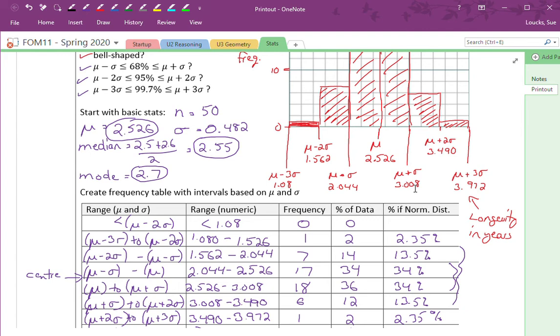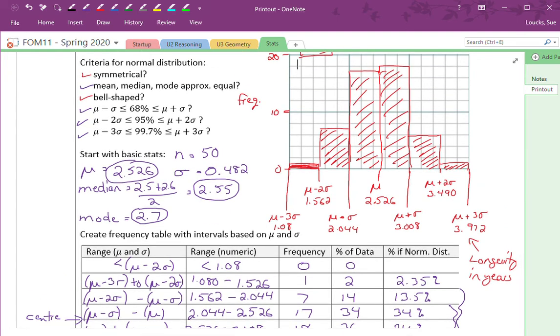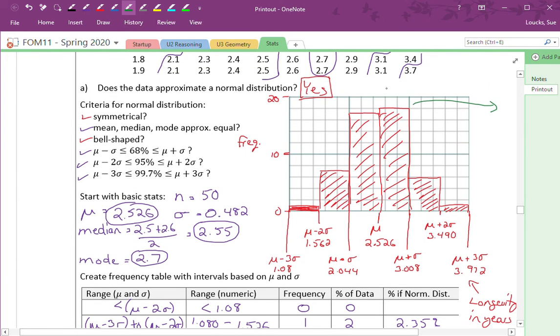We can't actually determine directly how many cell phones are up here, but we can determine how many are to the left of that, because we know that this is the mean, so 50% are that way.